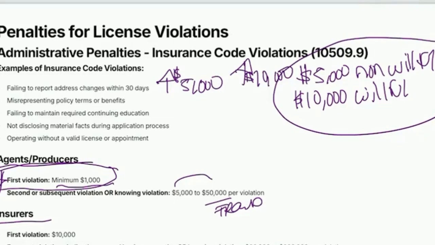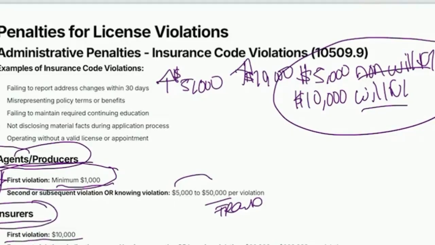If they're asking about first violation, you need to then see, are they talking about the agent or the insurer? Because the first violation is a lot higher for the insurance company. So for an agent, the first one is a minimum of $1,000.